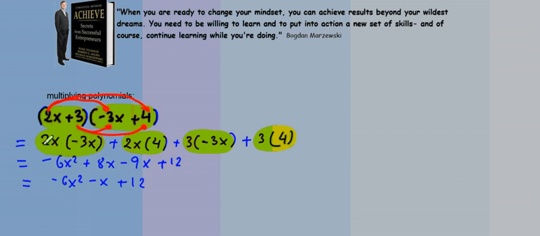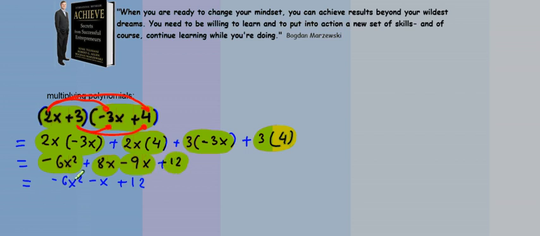So positive 2 and negative 3, this is why negative 6 and x to the power of 2, because you add exponents. Remember the rules on working with powers. 8x is the result of an x product, negative 9x following, and 3 times 4 is 12.